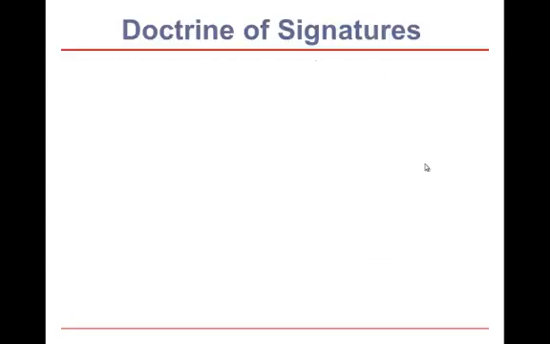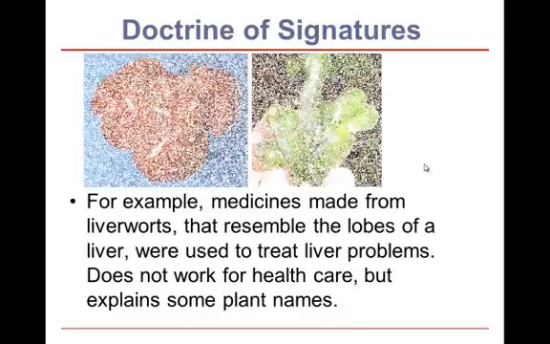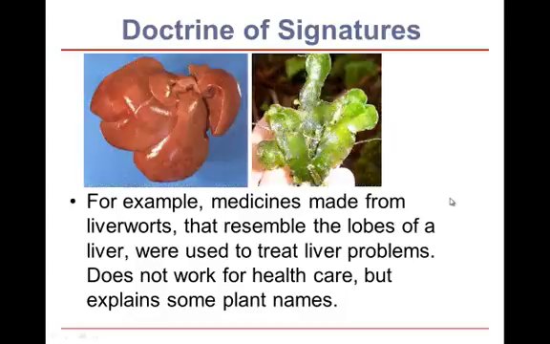For example, if you consider liverworts, it was thought that a plant extract or medicine made from liverwort would help liver problems, because of the resemblance to a liver. And this, by the way, on the upper left here, is a liver of a vertebrate, but not of a human. This is a rabbit liver, I believe.